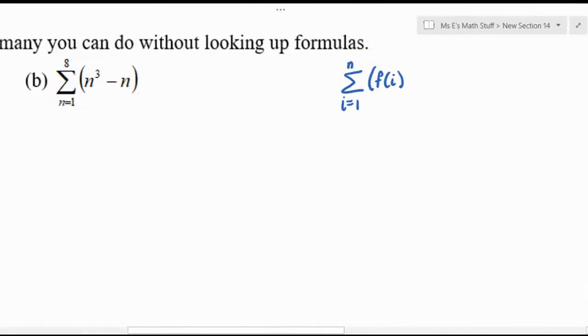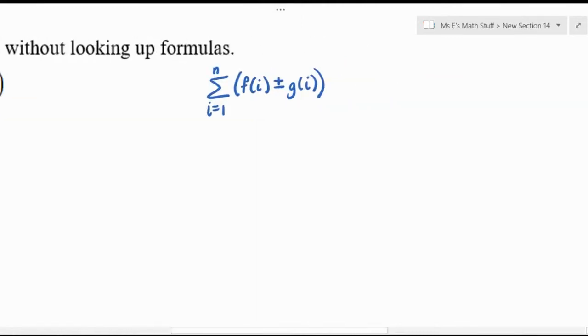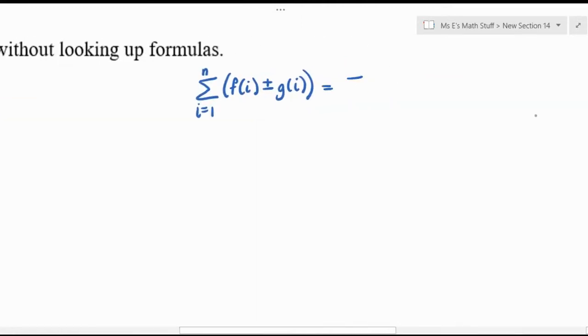One function of I, either plus or minus another function of I, then basically you can distribute sigma over either addition or subtraction. So I'm writing two rules in one here where you've got the sum rule and the difference rule for sums.